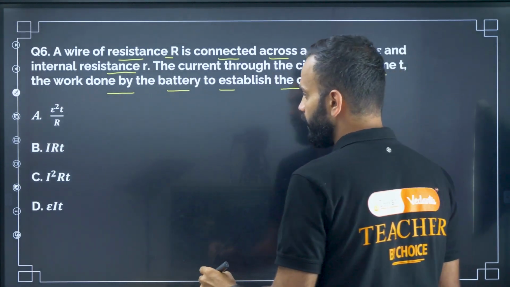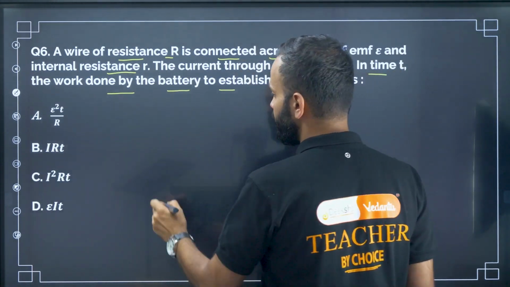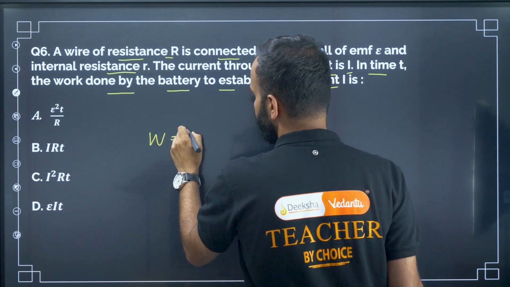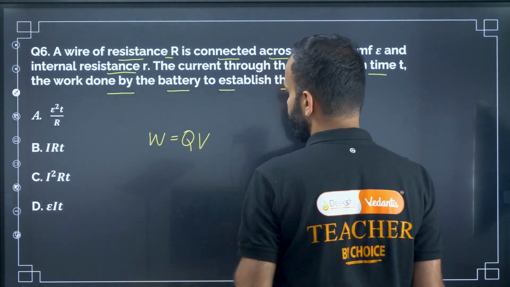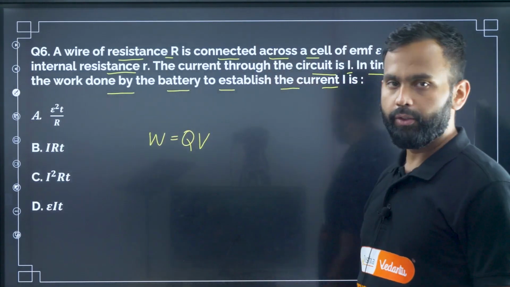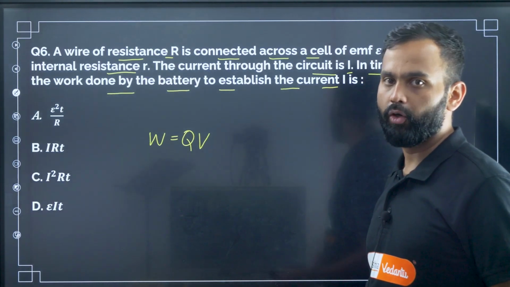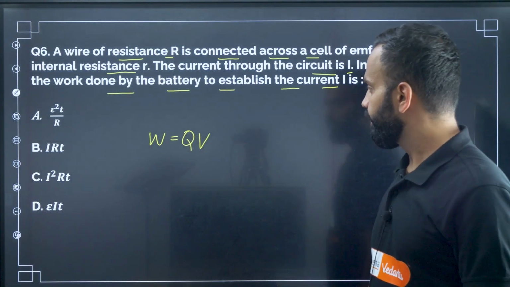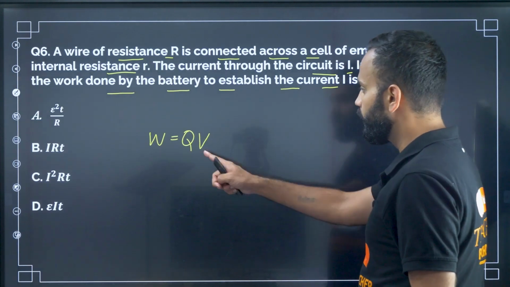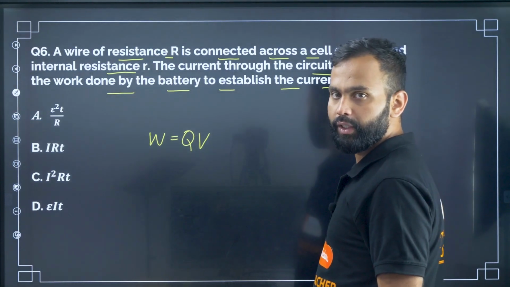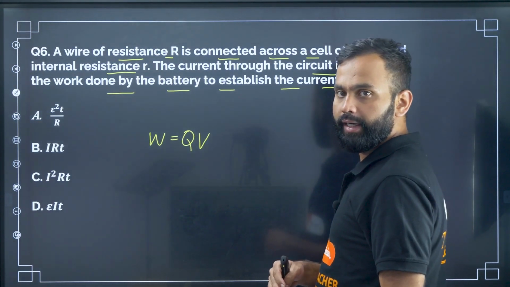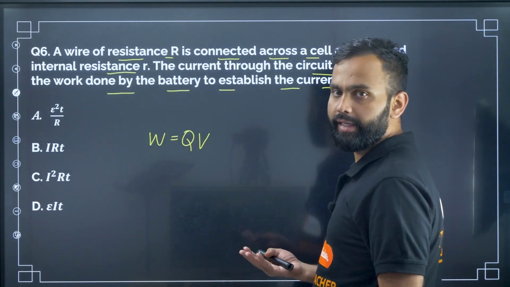Here the work done by the battery, W, is equal to charge flown through the battery into potential difference across the battery. Q is the charge flown through the battery, so that is I into t.